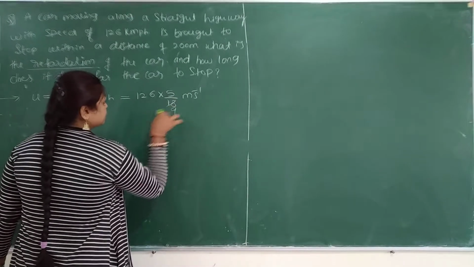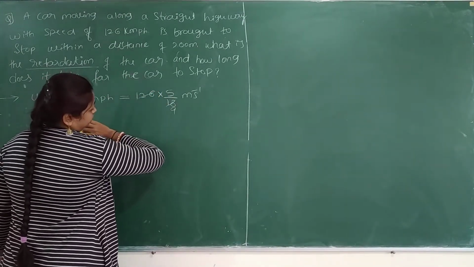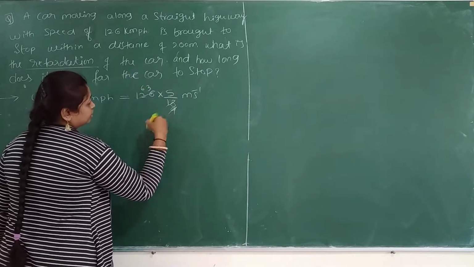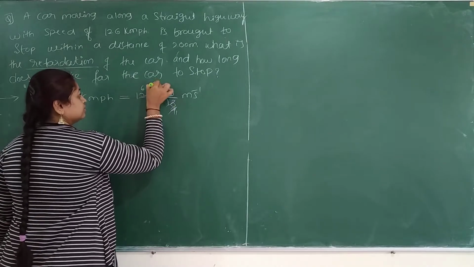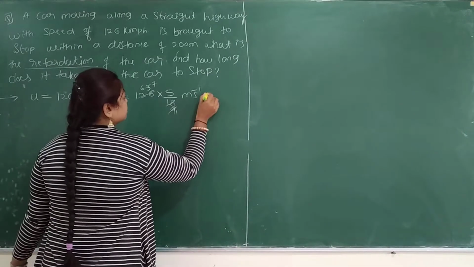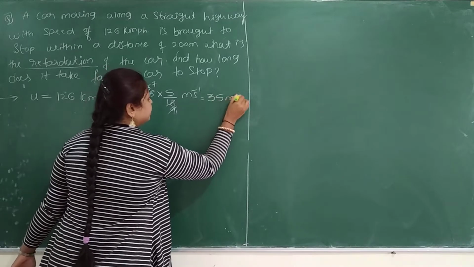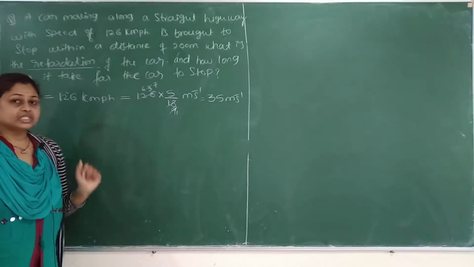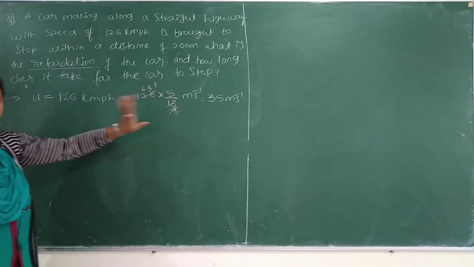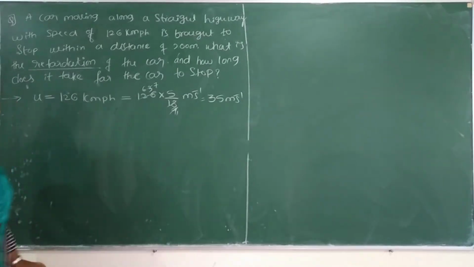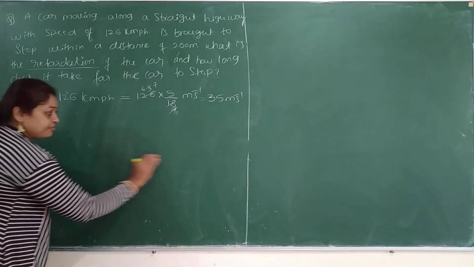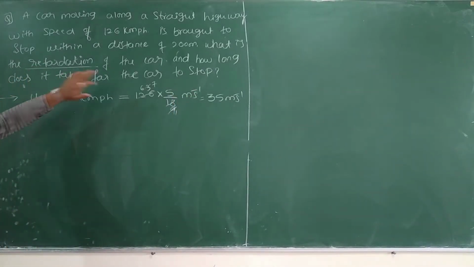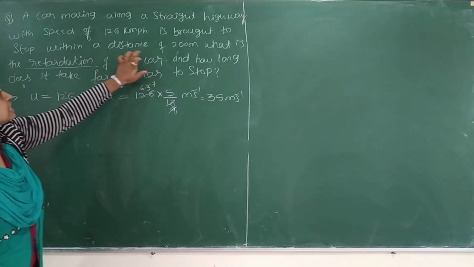Then 2 ones are 2, 9 sevens are 63... you will get 35 meter per second. So you have to convert kilometer per hour to meter per second. For that, you have to multiply by 5/18. You will get 35 meter per second. Means the car is moving on this highway road with an initial velocity of 35 meter per second. It is brought to stop within a distance of 200 meter.